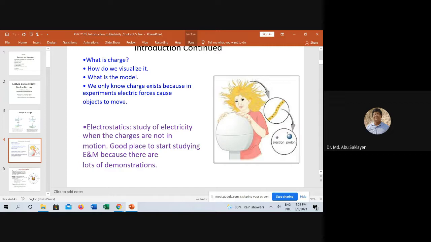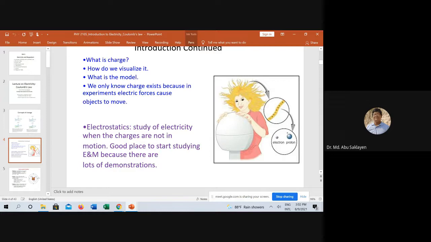So elementary particles are electron, proton, and neutron. Neutron is electrically neutral, but proton has charge, and electron also has charge. So electron is a negatively charged elementary particle, and proton is a positively charged particle.